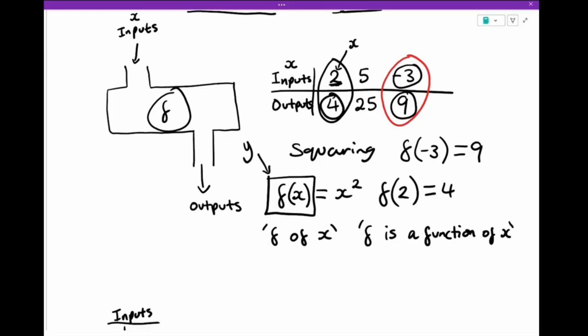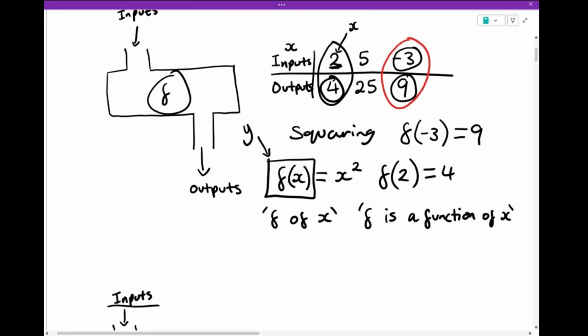So the question you might then be asking is, why not just write y? Why introduce this new notation? Well, as this video progresses, we're going to learn to do lots of things with this notation that we wouldn't be able to write out if we just had y written there. However, the other thing is, you can't take any equation with y in it and necessarily claim it's a function.